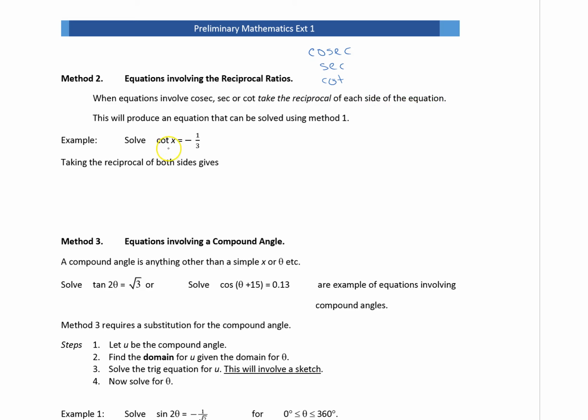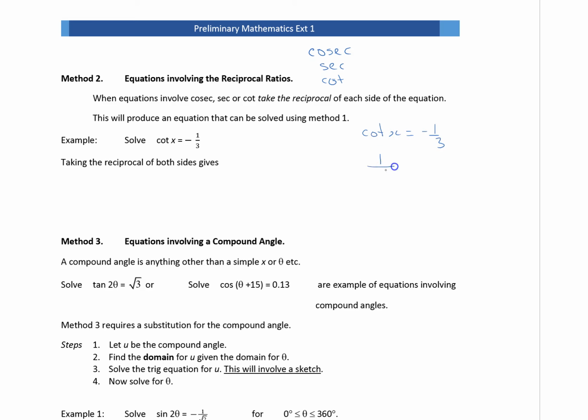Now, I could show you the long way why you do that. So let's do that now. If you've got cot of x is negative 1/3, you'd start off: cot x is negative 1/3.